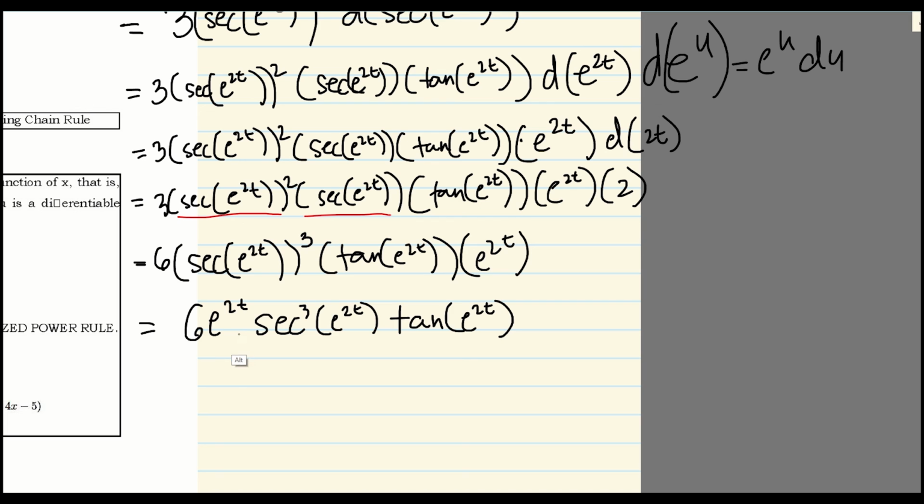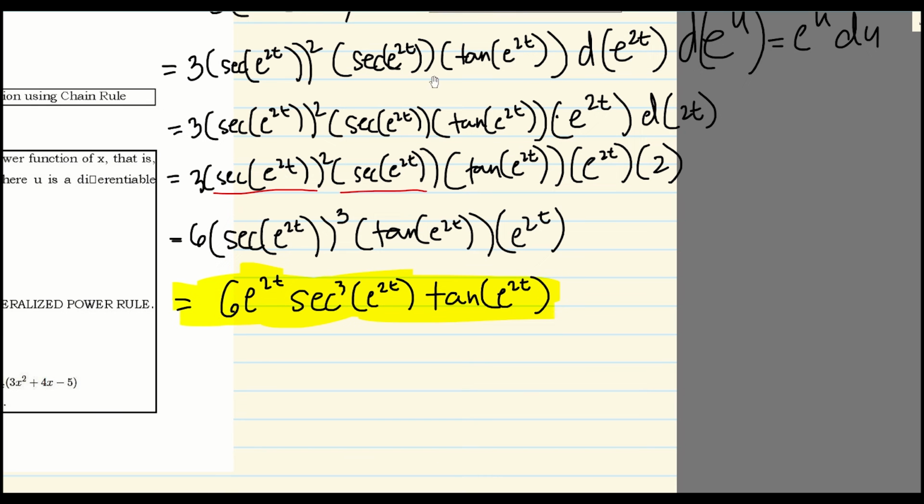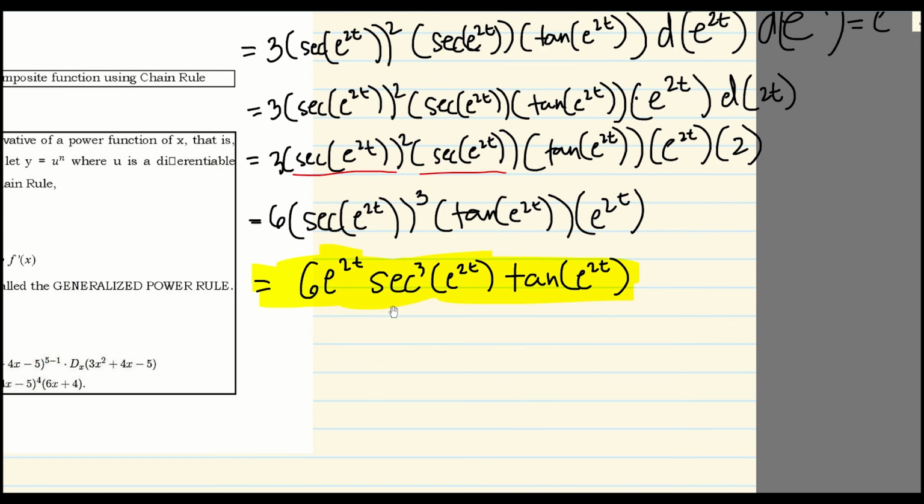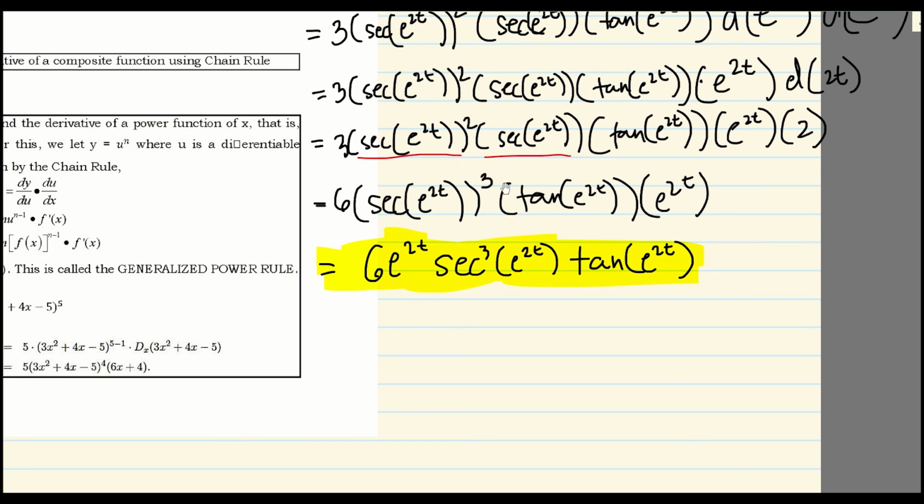This will be my final answer, but I know there are some techniques that you can use to simplify this one. For me this is already good, but for others maybe this can still be simplified.